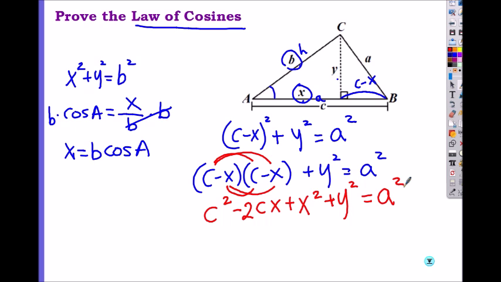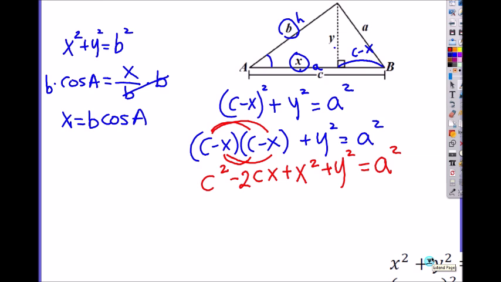So now, is there any way that we can simplify this expression? Meaning, we'd like to have an expression only in terms of C, B, and A. So that means we'd like to get rid of the X and Y's. Do you see anything you can simplify by using these two expressions? Yes. X squared plus Y squared was equal to what?